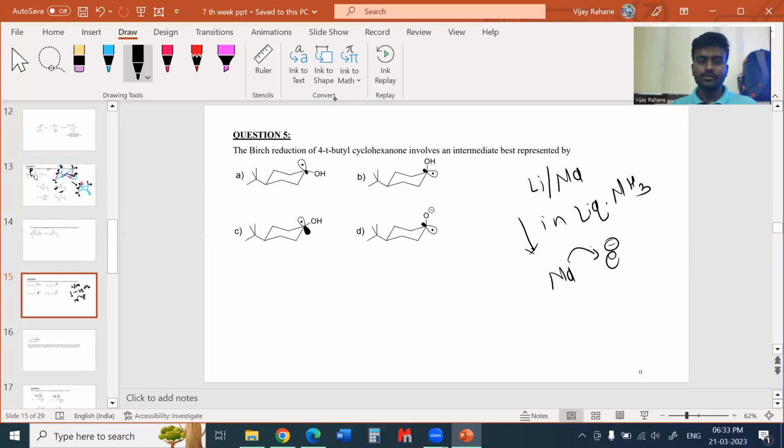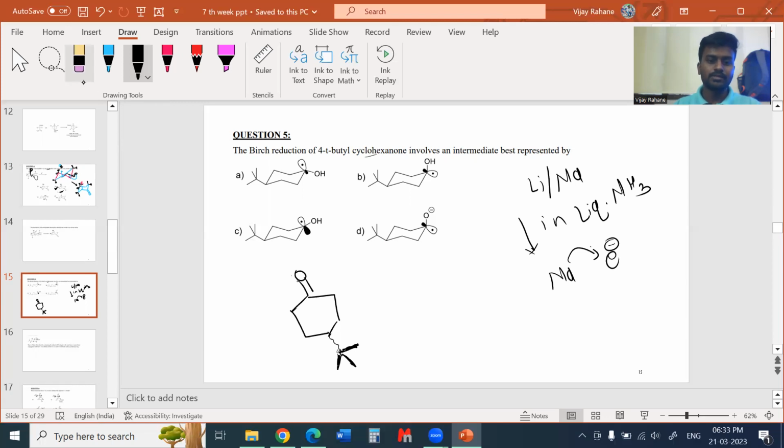This electron attacks the cyclohexanone they have given. The structure of the cyclohexanone will be 4-butyl cyclohexanone, right? Either alpha or beta doesn't matter.